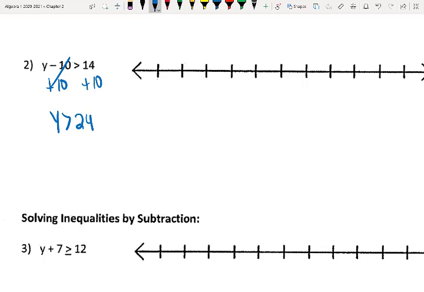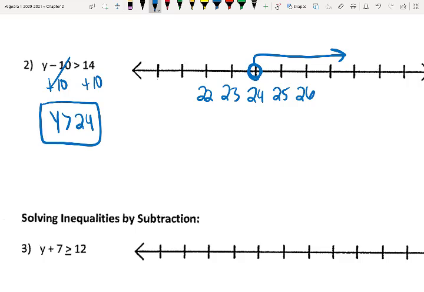So I got my number line. I don't really care where it happens. 24, 25, 26, 23, 22. It's going to be an open circle at 24 since it was just less than. And since it's less than, I'm shading to the left. So that would be my solution. Y is less than 24, and that's what my inequality graph looks like.